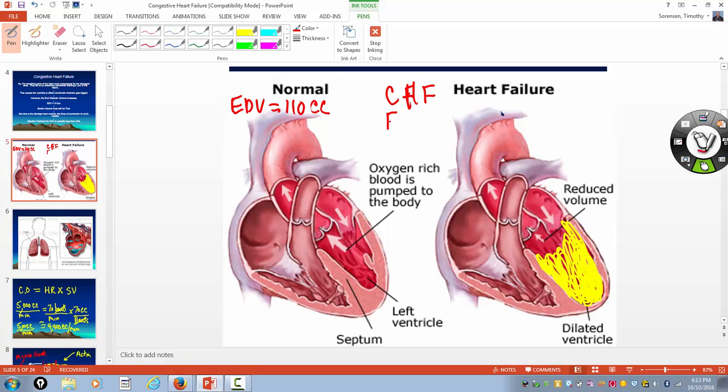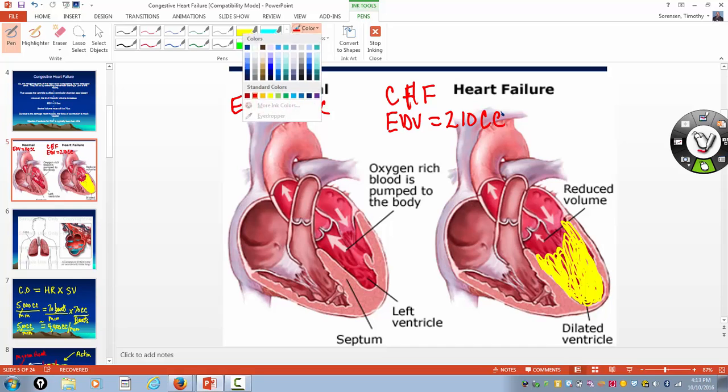So the end diastolic volume may go up to 210 cc's. So that left ventricle gets enlarged, but remember, because it's damaged, it doesn't contract as hard. So there's more blood in there.